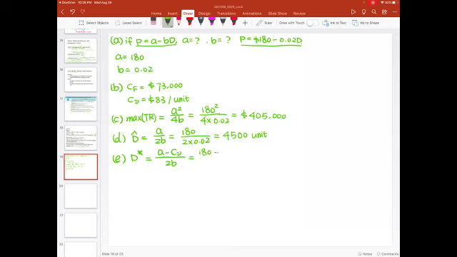And A is 180, C lowercase v is 83. 2 times B is 0.02. Okay, and if you calculate this out, it's going to be 2425 units.